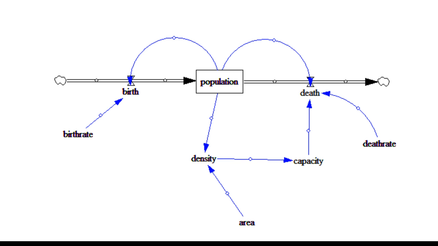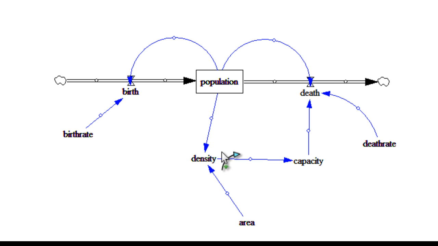Bear in mind that the variable at the head of the arrow is the one being influenced. The density will give the value to the capacity, and the capacity will give the value to the death.